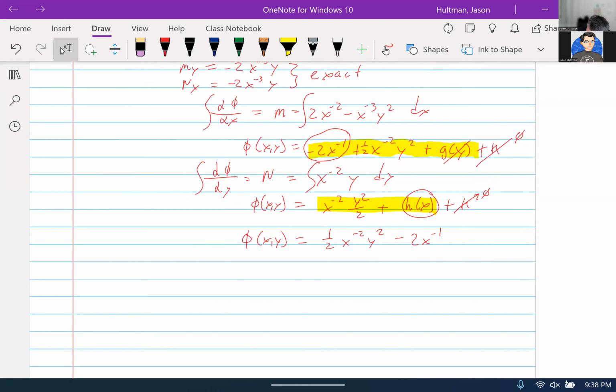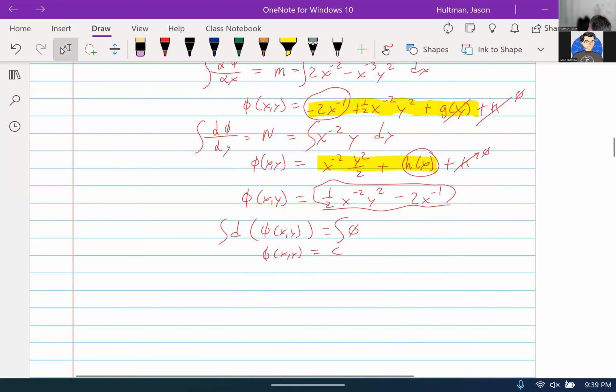Once again, if I take the derivative of the potential function, that gives me 0. So if I integrate, that gives me the potential function equal to c. I can just set this equal to c, and that will be my solution.